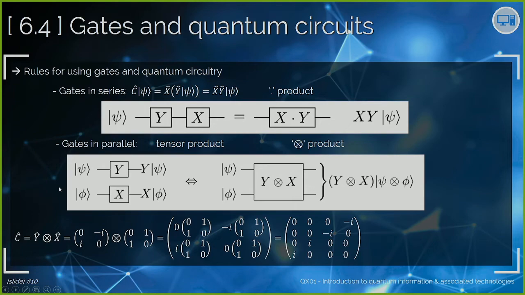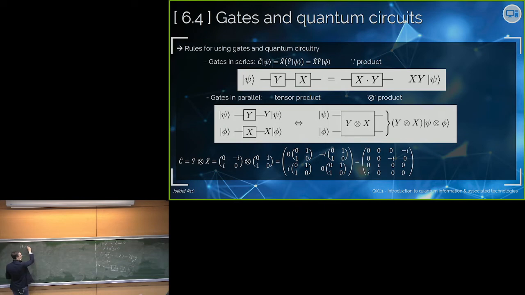I apply the gate Y on psi, and I obtain the result psi prime equals Y psi. I can do the same on phi, another qubit, but this time I apply X, and I end up with phi prime, which is going to be X of phi.